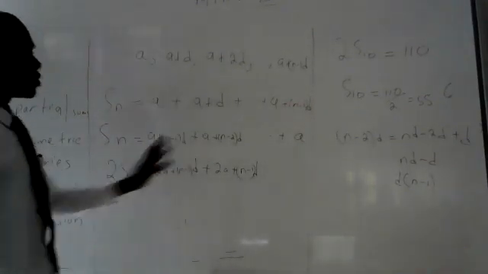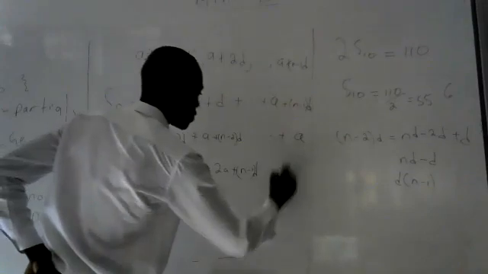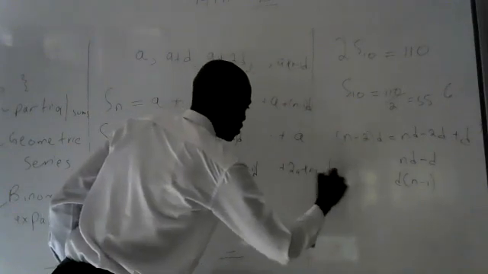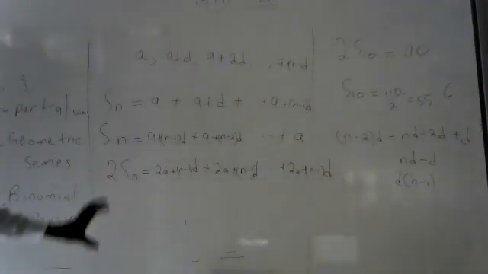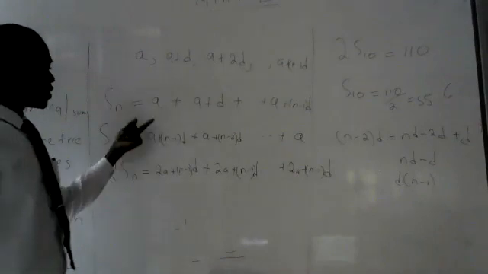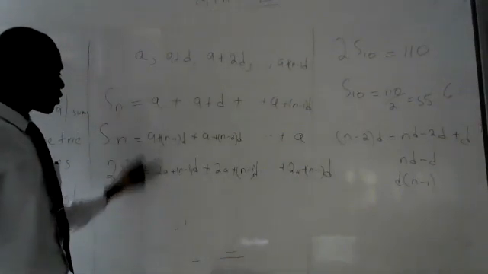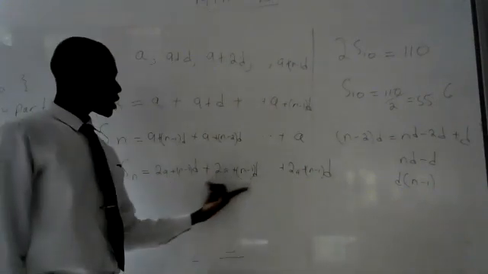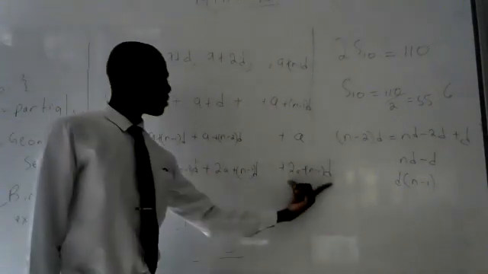If you continue for all the terms up to the last one, a plus a is 2a plus n minus 1 d. Notice that for each and every term you're adding in this sequence, we get to the same term, 2a plus n minus 1d.